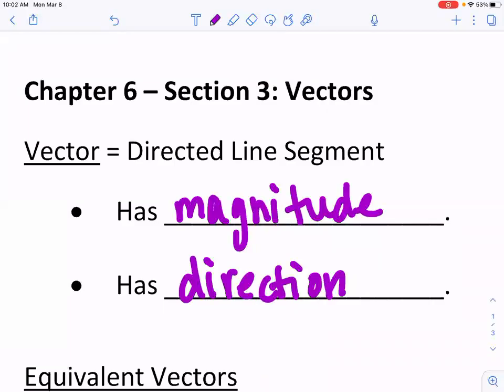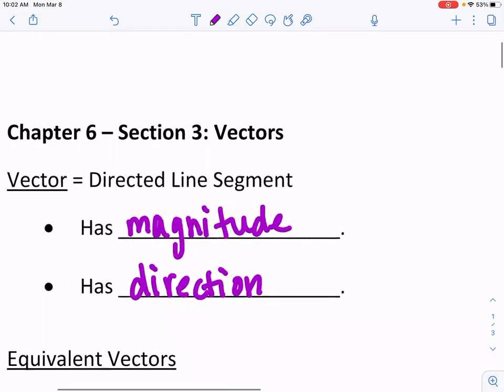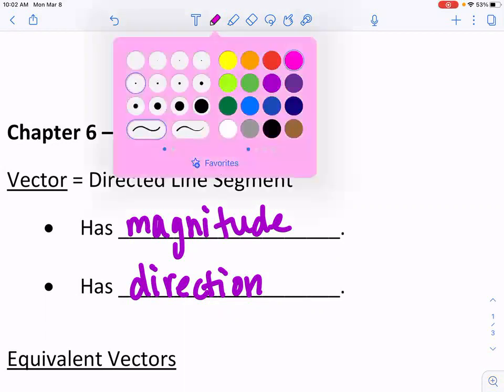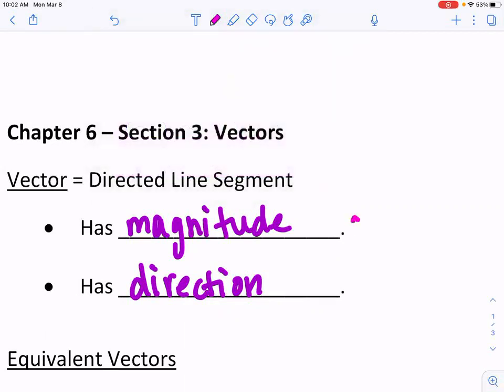A line segment with magnitude and direction. Now, when we say magnitude, what are we referring to about our vector? Well, it's not the direction, okay?